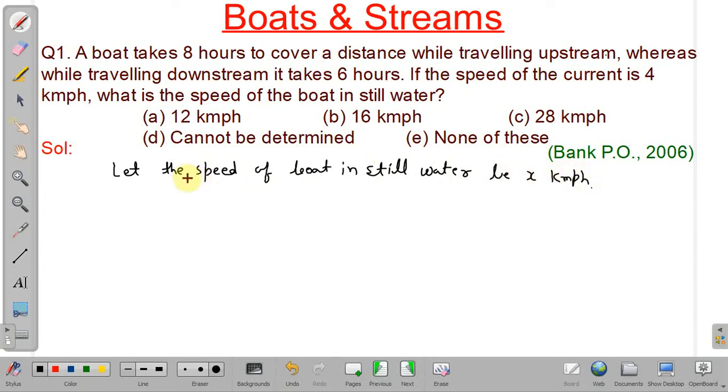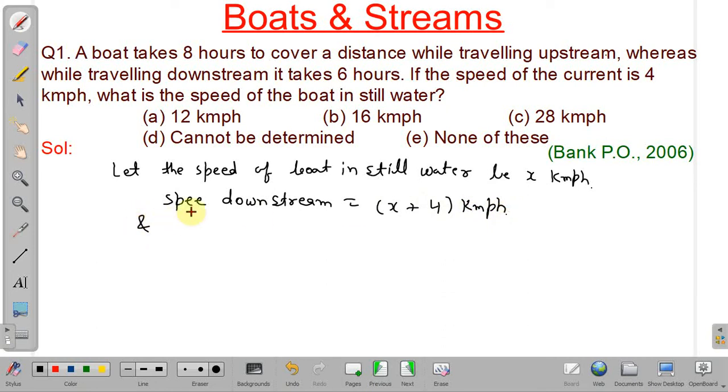Okay, so speed in downstream direction: speed of stream is given as 4 kilometer per hour. So speed downstream will be equal to speed of boat plus speed of current. So x plus 4 kilometer per hour.